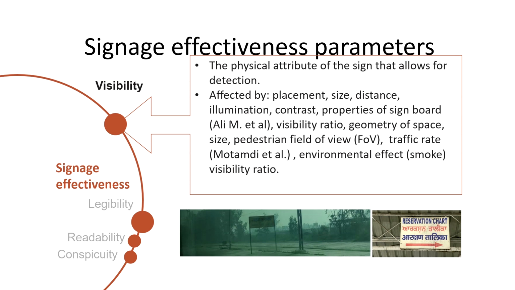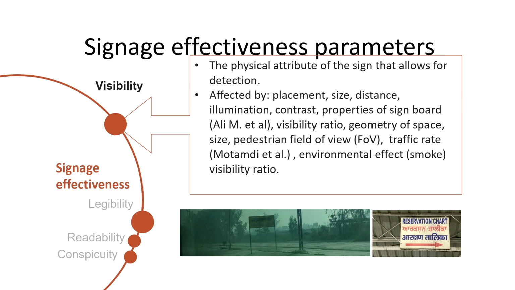Visibility is a critical aspect of signage, referring to its inherent features that allow an observer to easily notice or identify it within its surroundings. It is not just about being seen, it's also about being clearly and distinguishably seen.